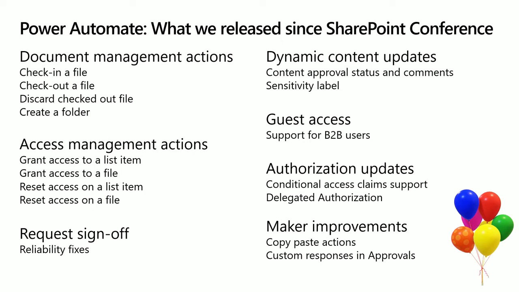We have access management actions, granting access to a list item or a file. There's a slight bug there. That's not reset access, that's probably stop sharing. So that's a slight bug. But you can assign permissions and remove permissions. Now, one of the things I usually get is, hey, what about SharePoint groups and permission levels? Unfortunately, these actions support the group permissions so that they can flow across the M365 platform.